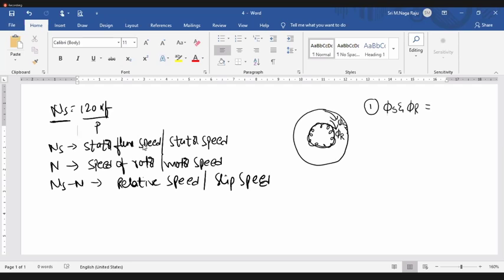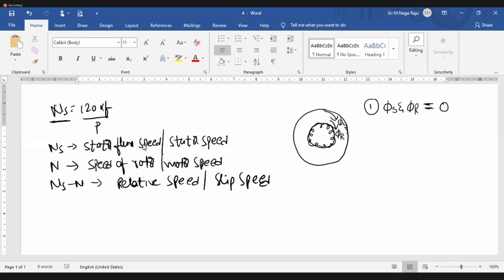No, no, no. See, I'll tell you. The relative speed between the stator flux and the rotor flux is 0.